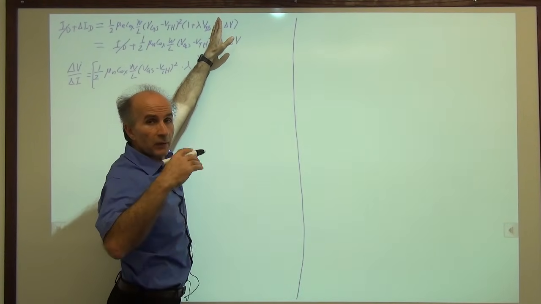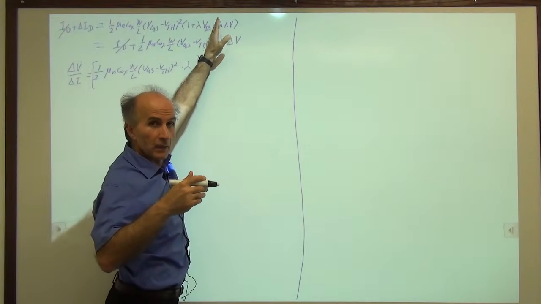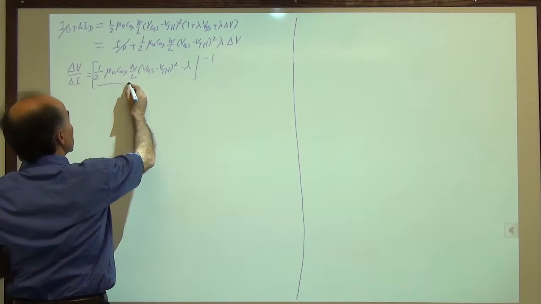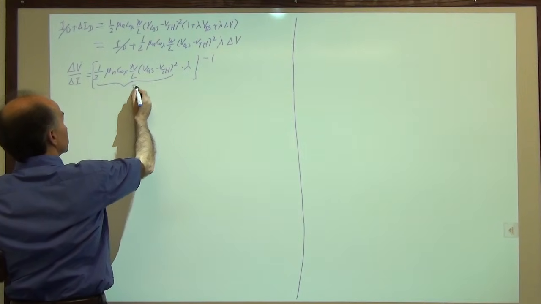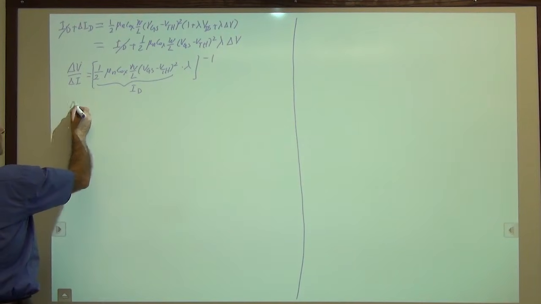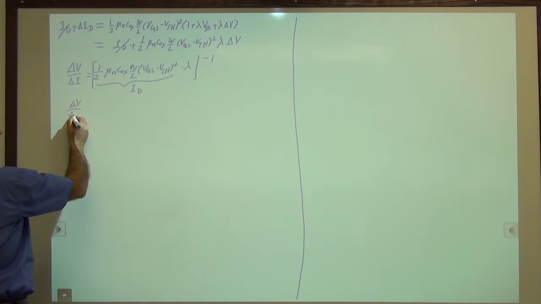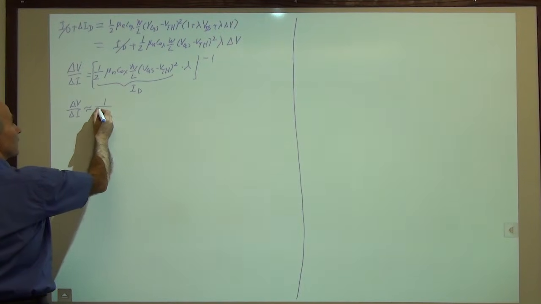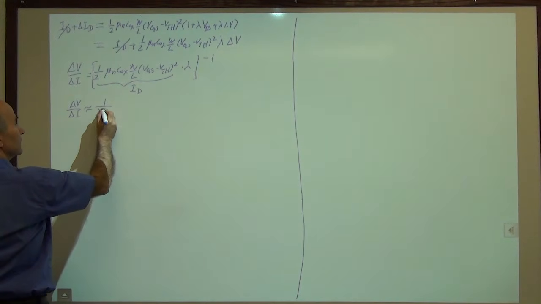We just drop out the (1 plus lambda VDS) factor, and we say this is approximately ID. So this is approximately the bias current, which tells me that delta V over delta I is approximately equal to 1 over lambda ID.